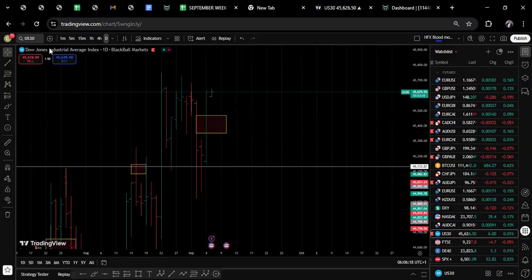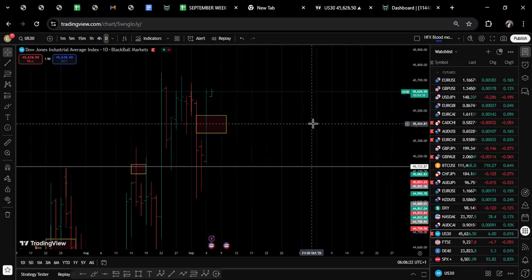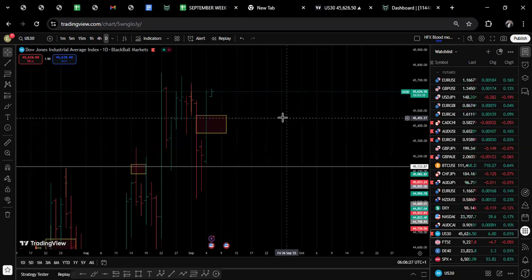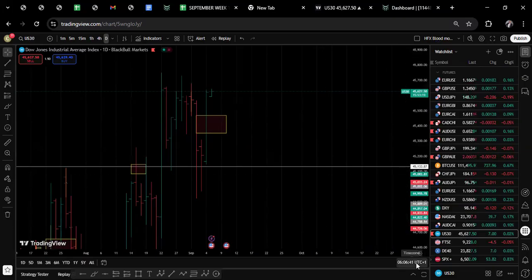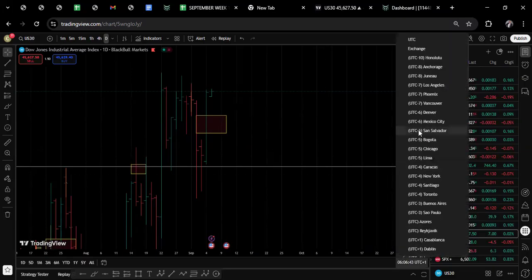I will always like to make emphasis on the sessions. So let's say you're focusing on the New York session. Dow Jones is traded during the New York session, so perhaps you might change your time zone to that of New York.